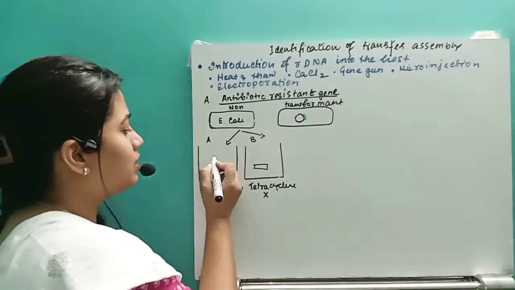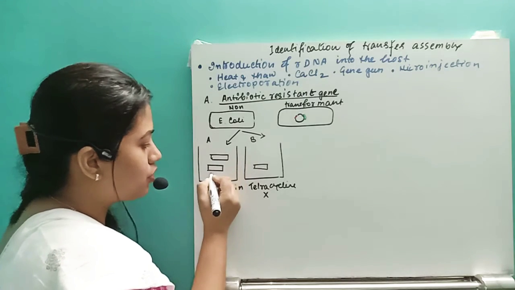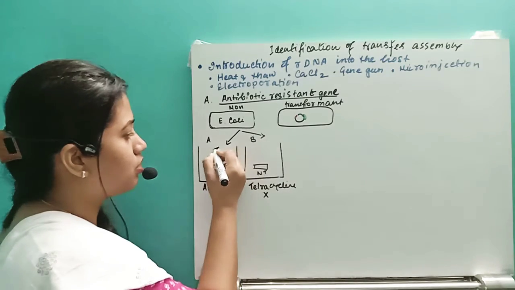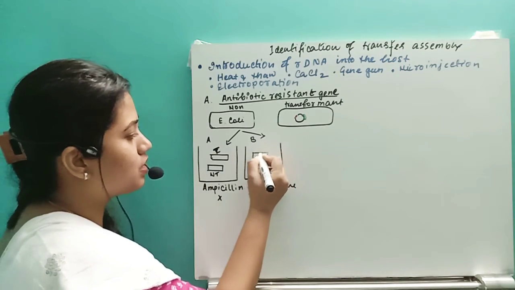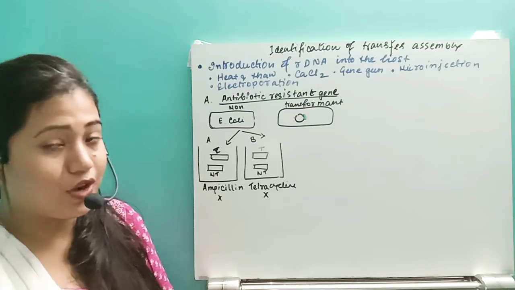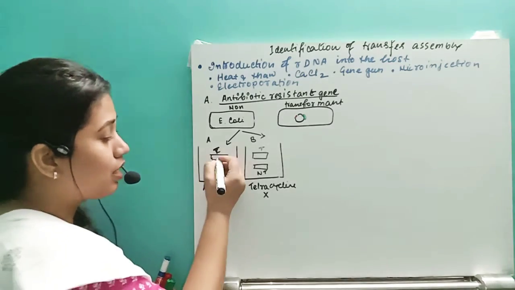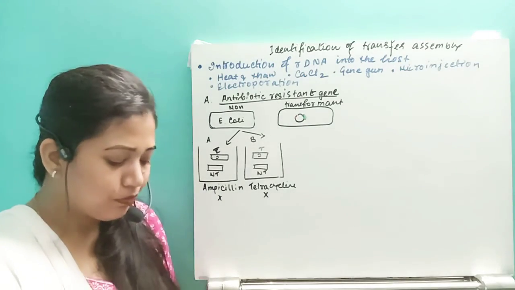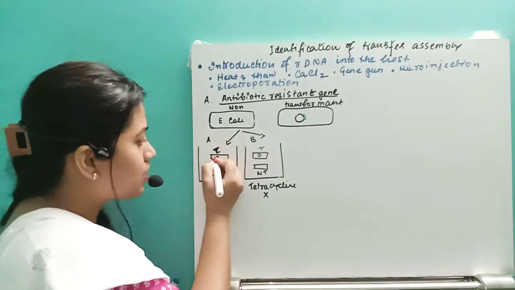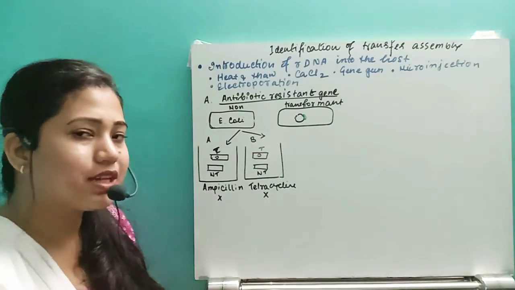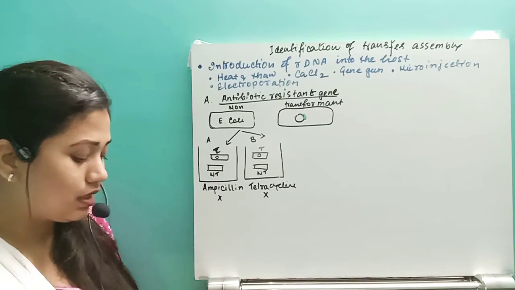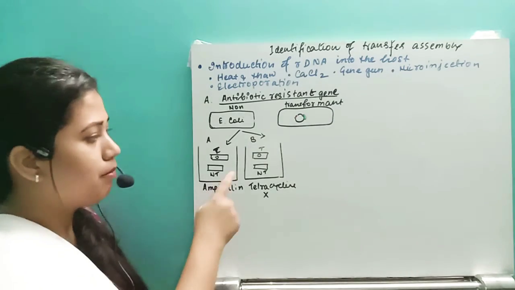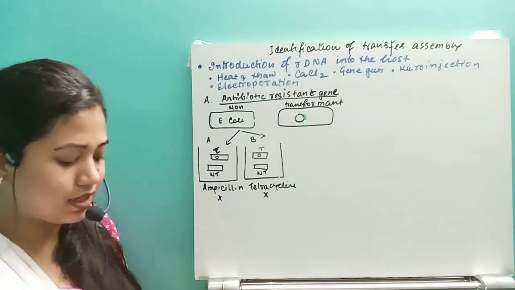This transformant has the desired gene fragment, and along with that it also has our antibiotic resistance. Because of the presence of the antibiotic resistance, the transformant will survive in the antibiotic ampicillin medium, because it has this antibiotic resistant gene.